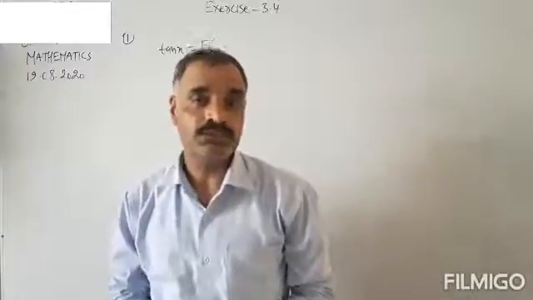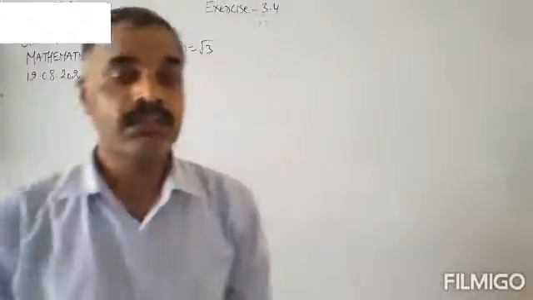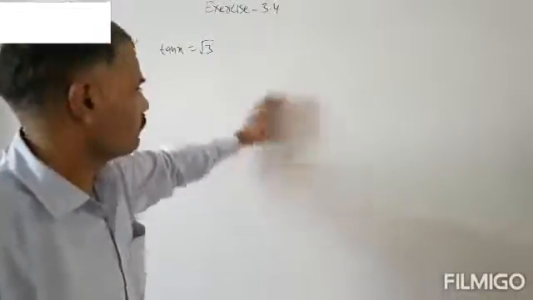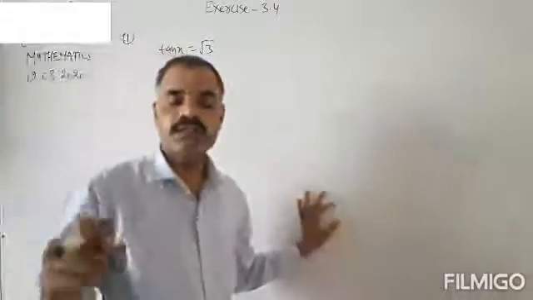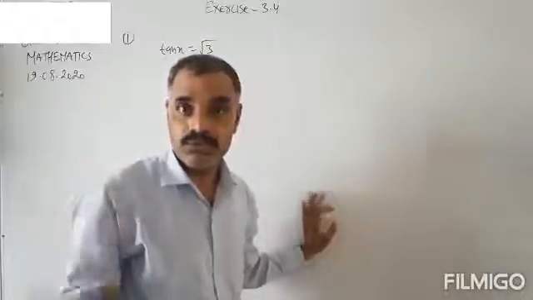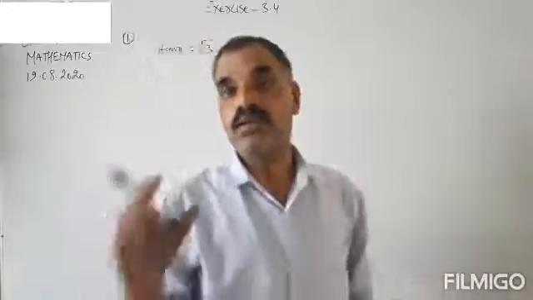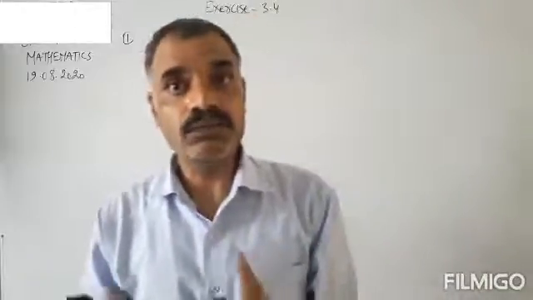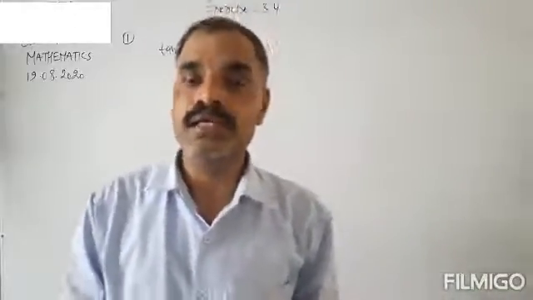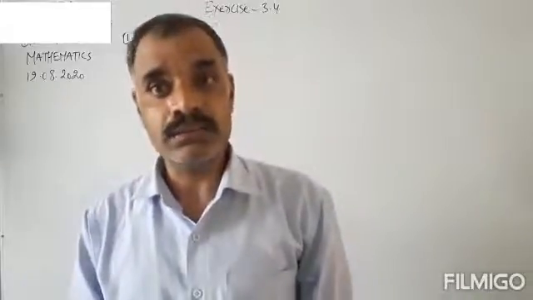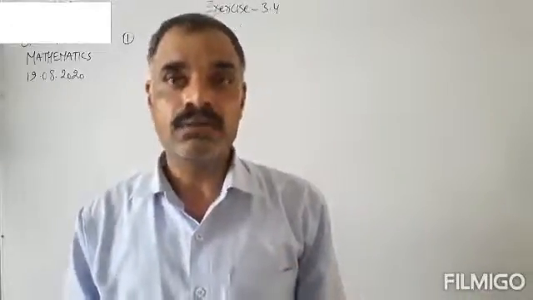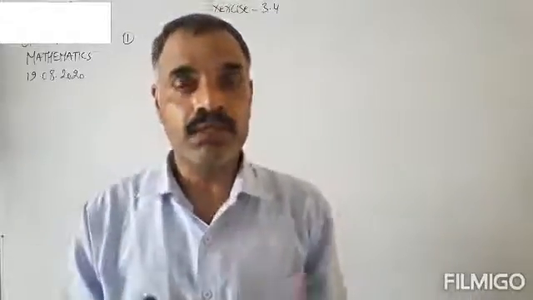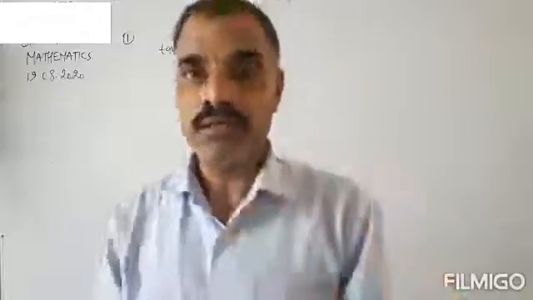The particular solution of any trigonometric equation is the solution which lies in the closed interval 0 to 2 pi. It means x equal to 0 and x equal to 2 pi also lie in the particular solution of trigonometric equations.